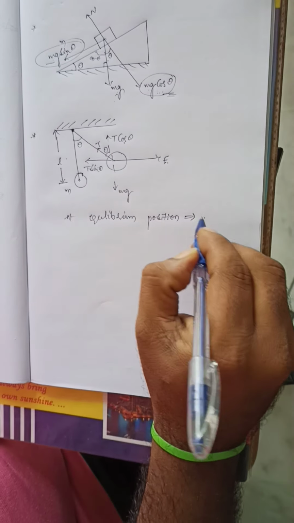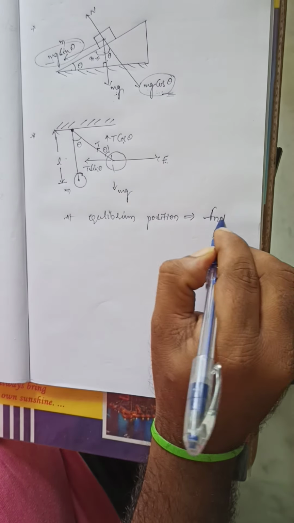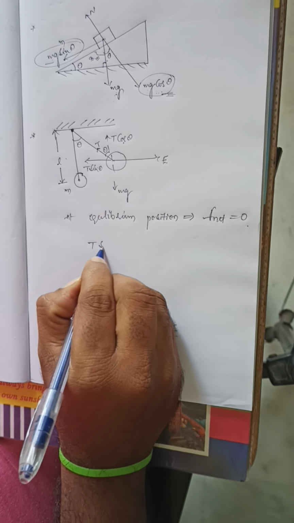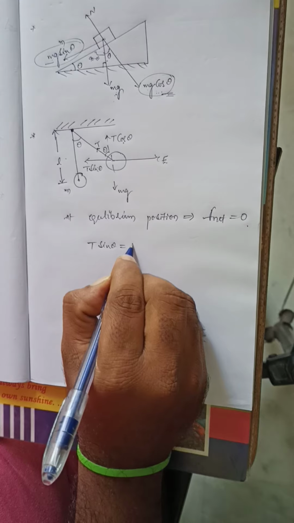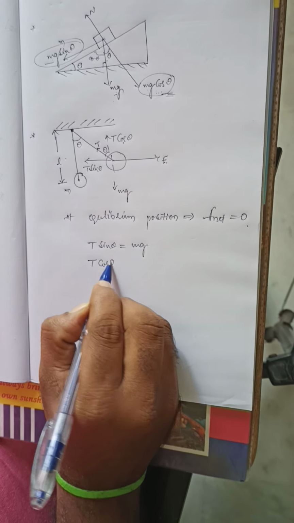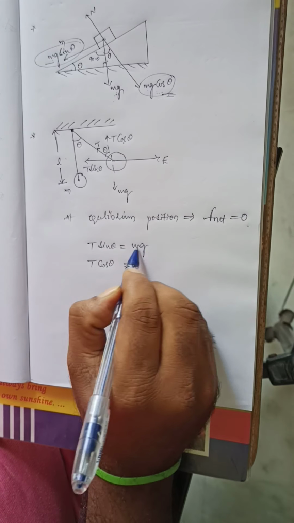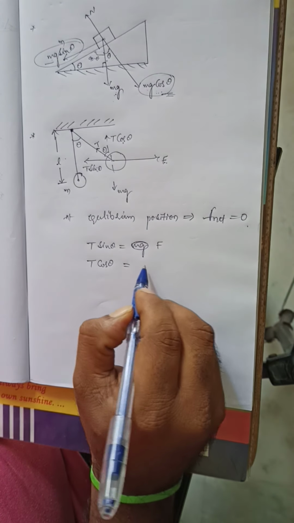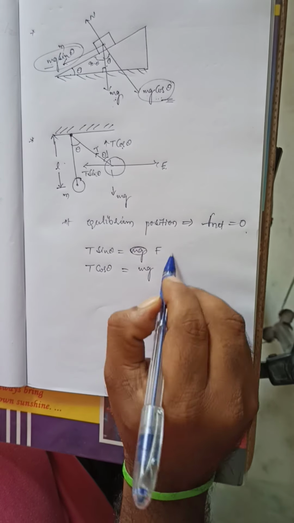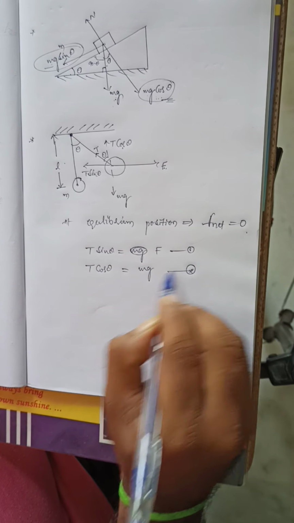That means at equilibrium, the net force should be equal to 0. Net force 0 means T sin theta is equal to F, and similarly T cos theta is equal to mg, right? So this is equation number 1 and equation number 2.